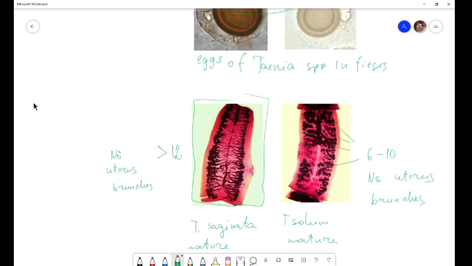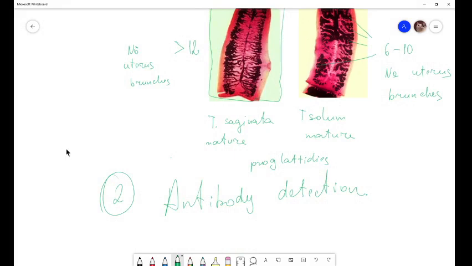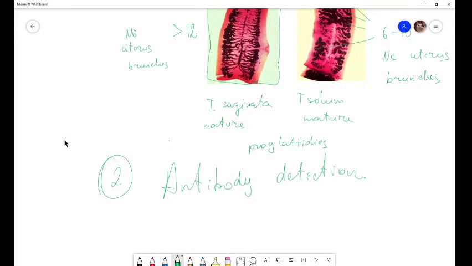And the last one, not least, is antibody detection. It may prove useful especially in the early invasive stages, when the eggs and proglottids are not yet apparent in the stools.